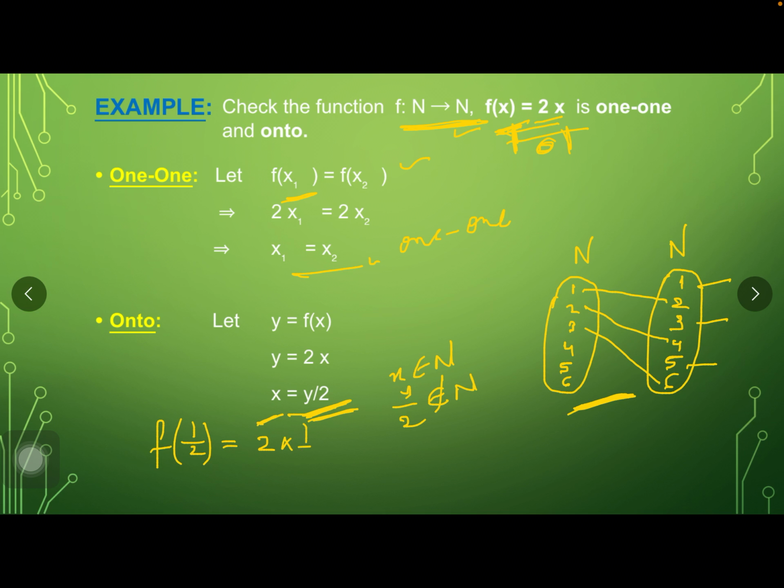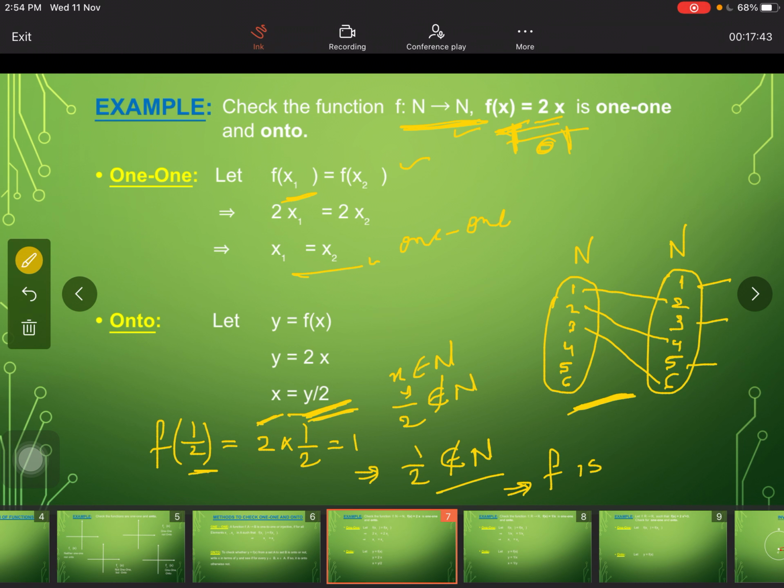Suppose we say that our function f(x), if here we put f(1/2), if we put our x equal to 1/2 here, so what will we get here? That is, if we put here 2 and this is our 1/2, so we get our 1, right? But our 1/2 doesn't belong to the natural numbers, right?